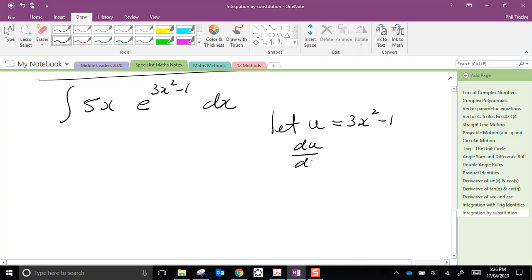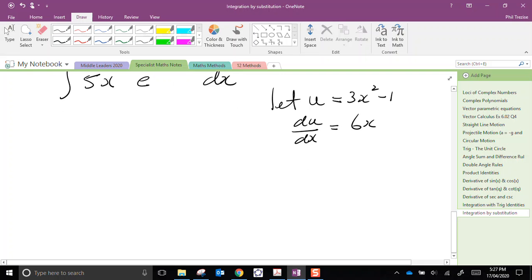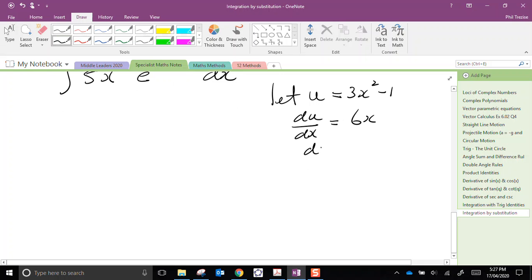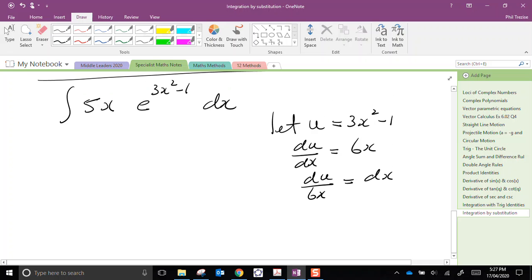Take the derivative. du/dx equals 6x. Isolate dx. So du over 6x equals dx. We're now ready to do the substitutions and hopefully get something much easier to work with.